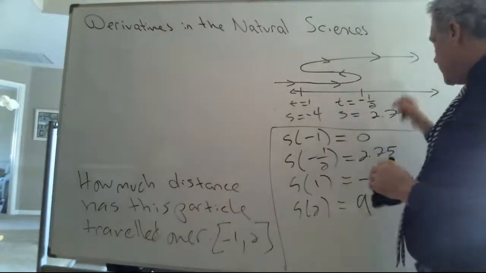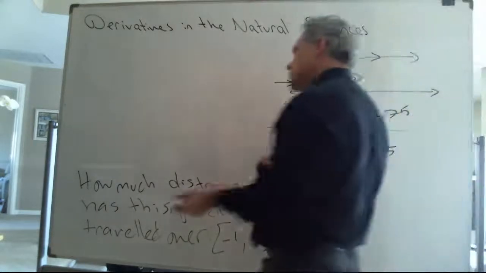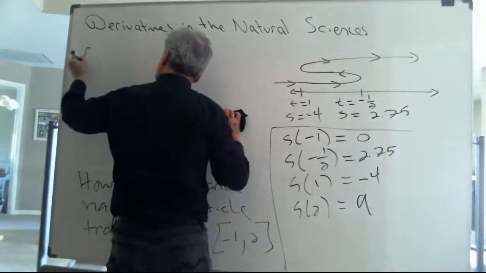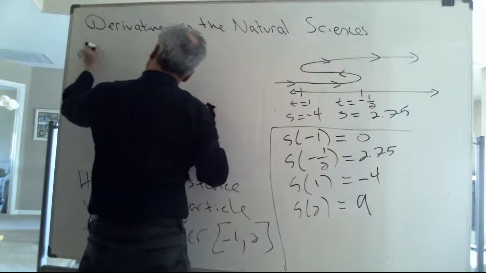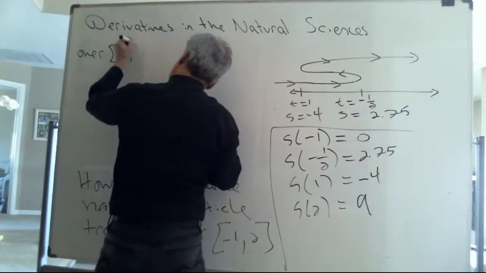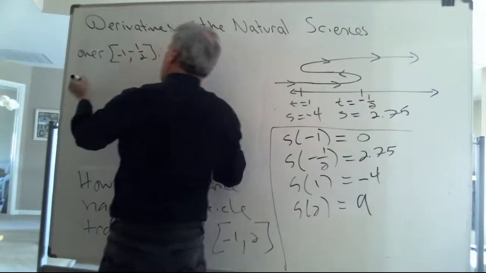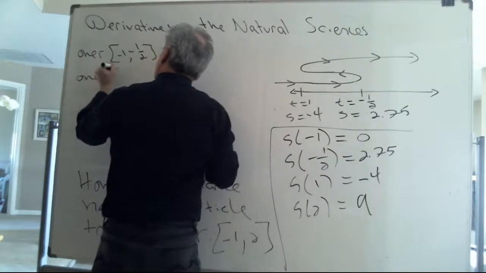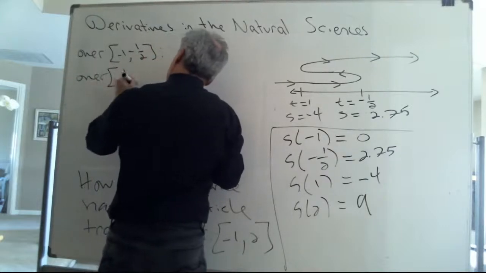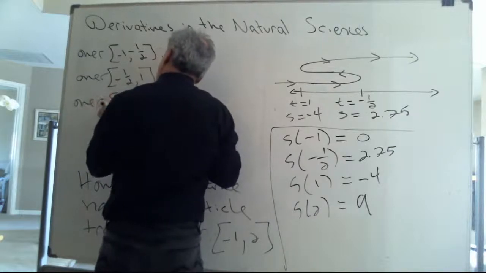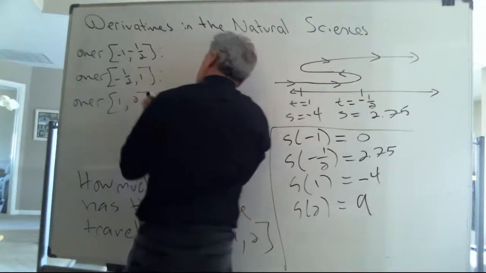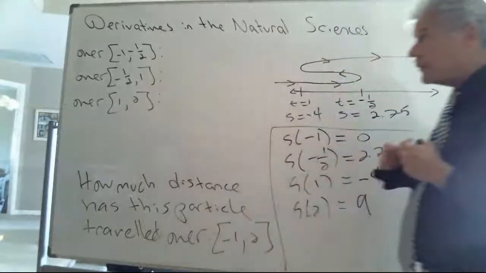From -1 to -1/2. Then over this interval for t. And lastly, over this interval for t. But these are distances, so these are positive values.